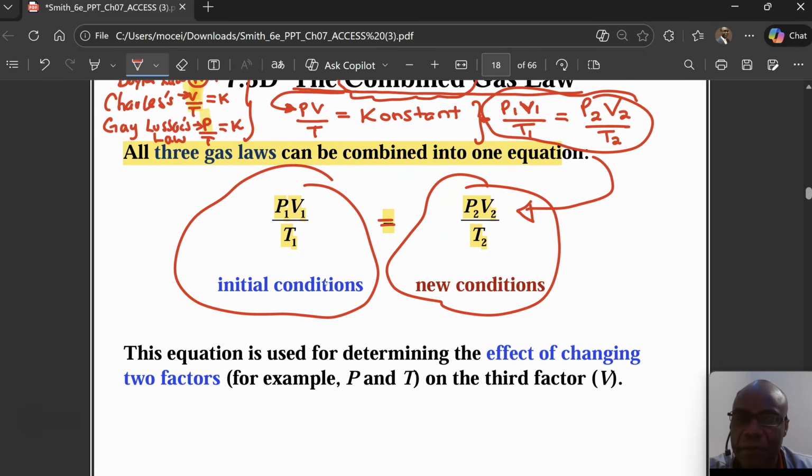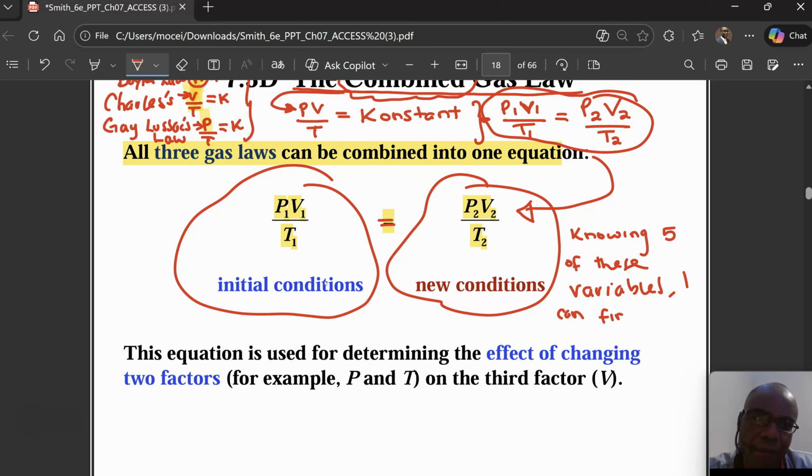And that tells me that if I know 5 of these variables, I can find by calculation the 6th variable. So we'll take advantage of that and do some math.